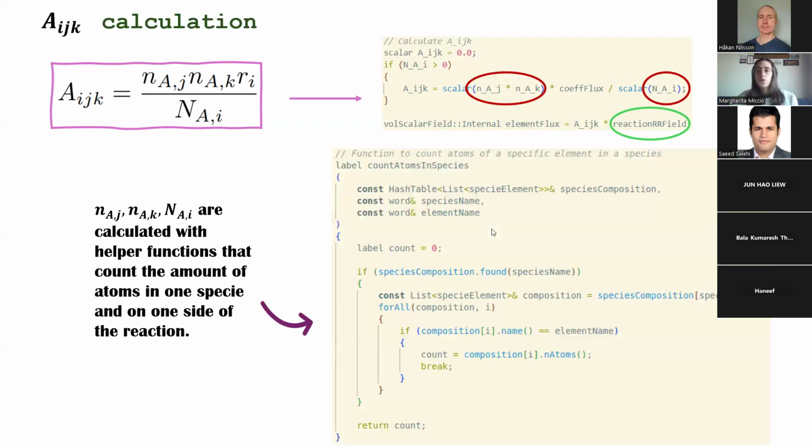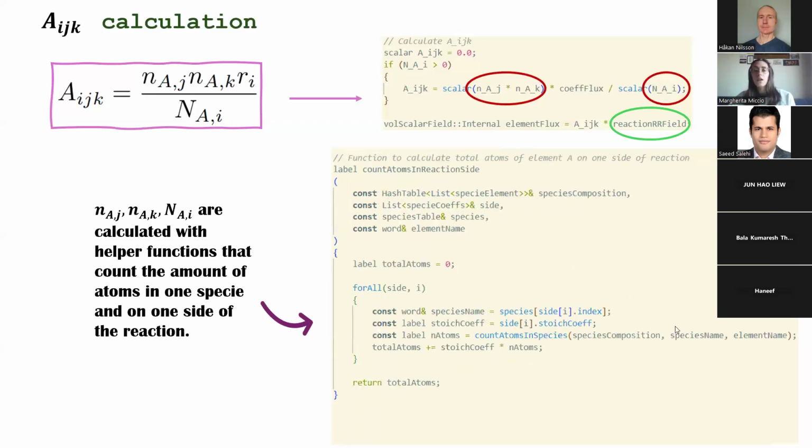So the first helper function is called count atoms in species. What it will do is just calculate the number of atoms in one single species by calling the n atoms member function of the class species element. So it will, in this way, give as output the counting that was done for every species.